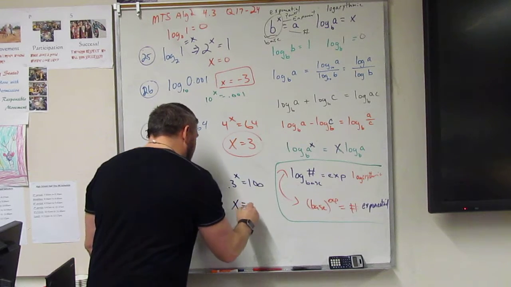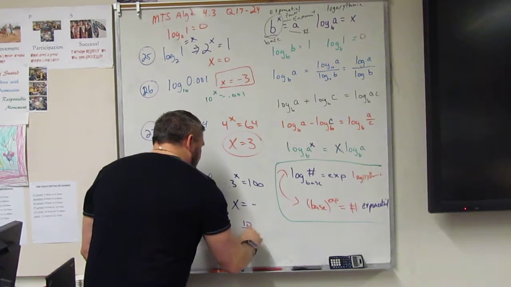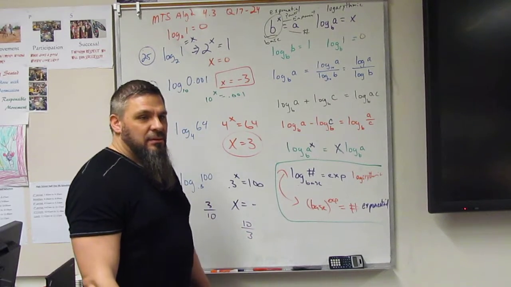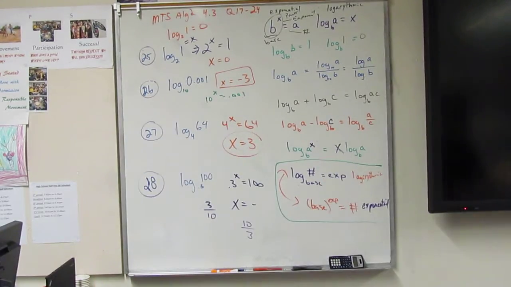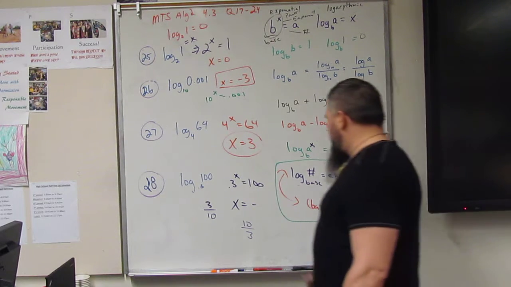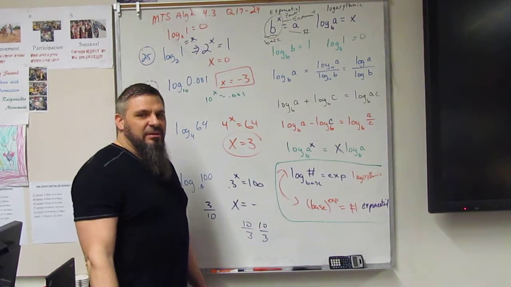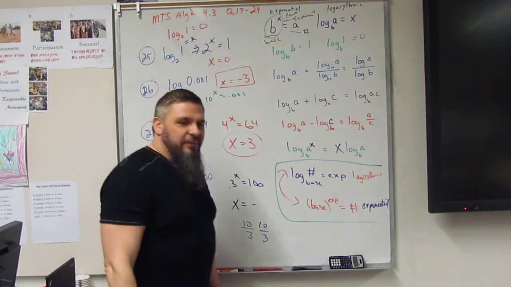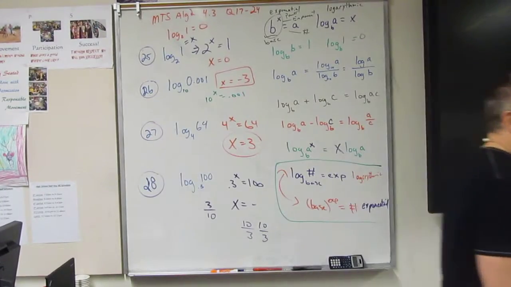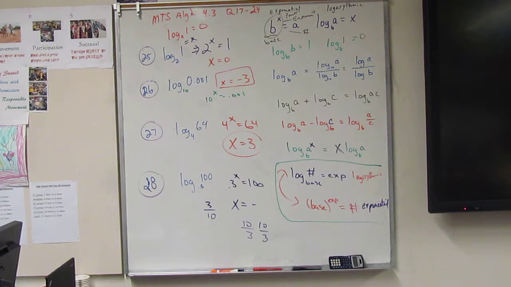And if x is negative, you'd be talking about 10 over 3, right? And now you've got to multiply them so many times that you're going to get 100. Well, I know if I do it once, twice, now it's 100 over 9, sorry. So how many times is it going to be to get 100? 2. Not just 2. Negative 2.